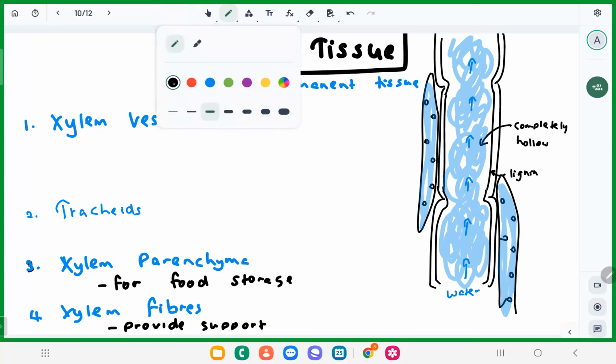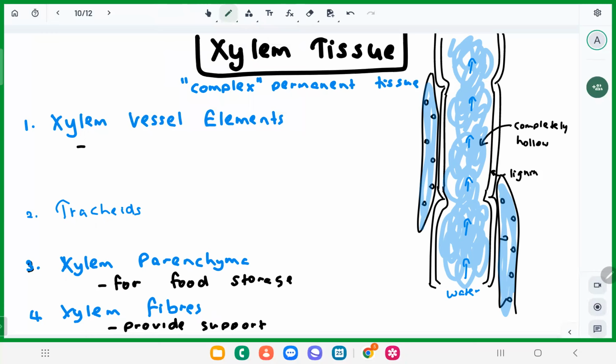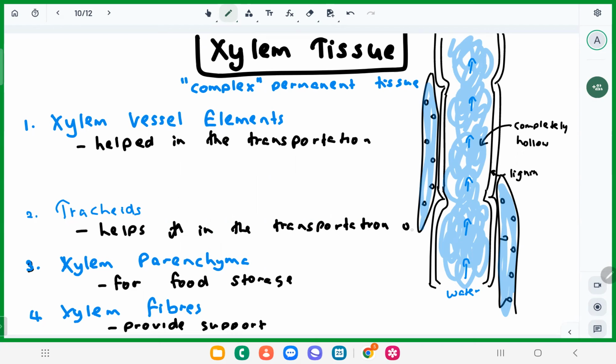Let's just refresh our memory on the xylem vessel elements and the tracheids. The xylem vessel elements helped in the transportation of water. And the tracheids also did the same thing. They help in the transportation of water. And you need to know the unique adaptations of the xylem vessel elements. What were the unique things we learned about it?